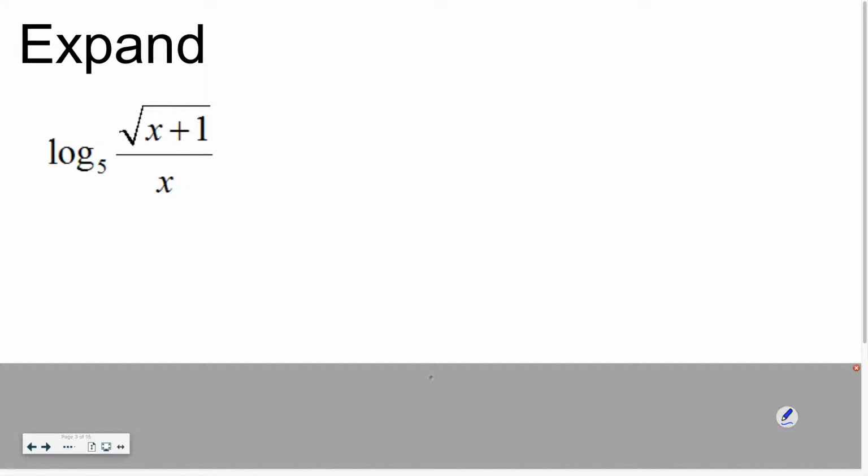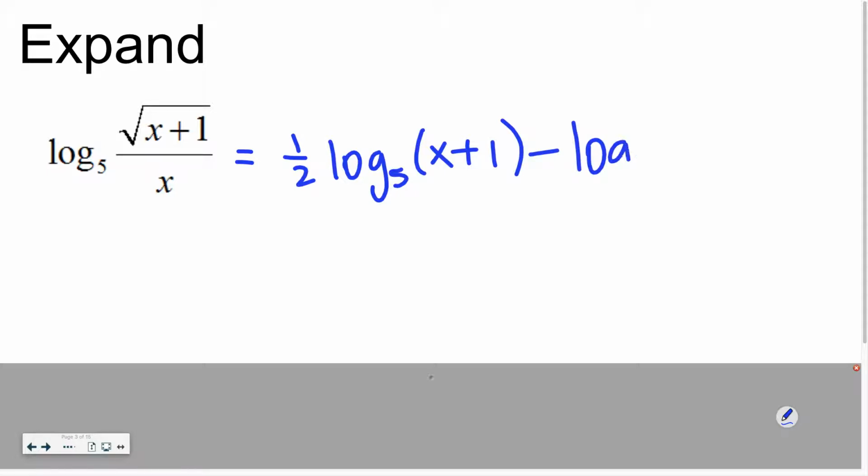Square root means what power? Good. Julia, what do we got? 1/2 log base 5 of x plus 1 minus log base 5 of x.